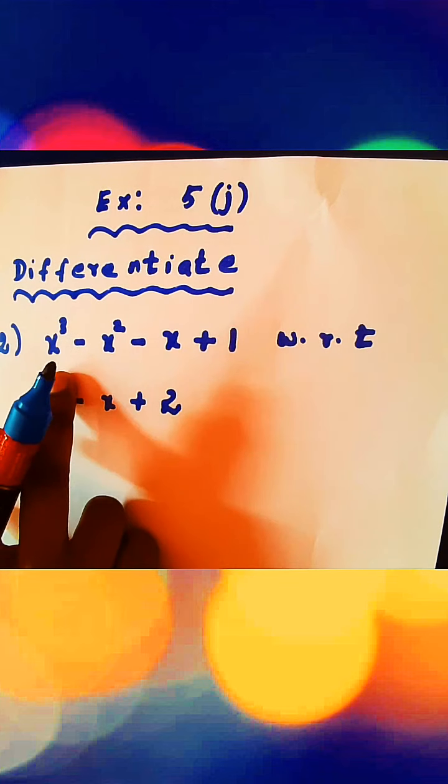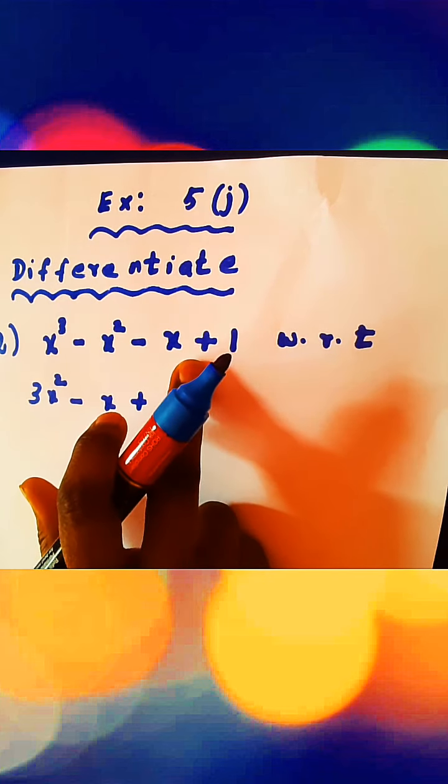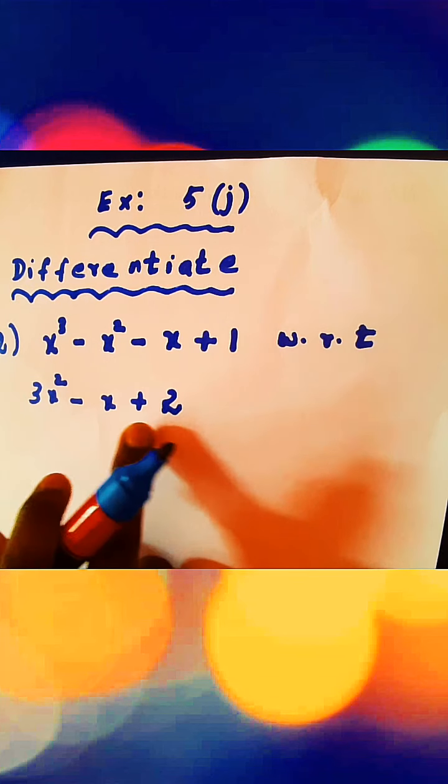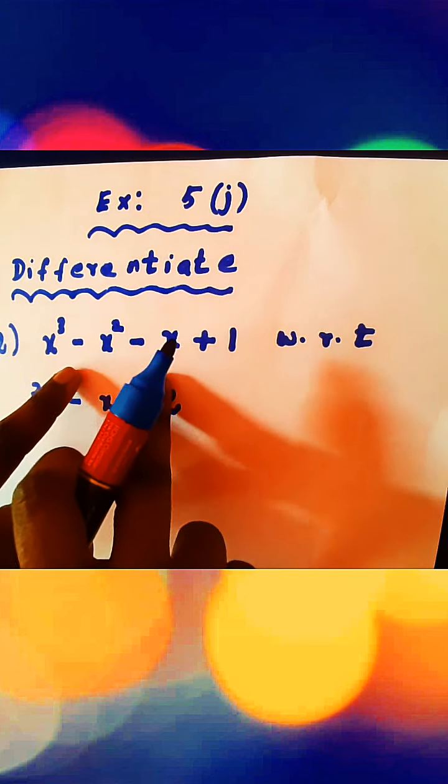The question is: differentiate x cube minus x square minus x plus 1 with respect to 3x square minus x plus 2. In the previous videos, we discussed differentiating with respect to x. But here, see the question, you are differentiating one function with respect to another function.